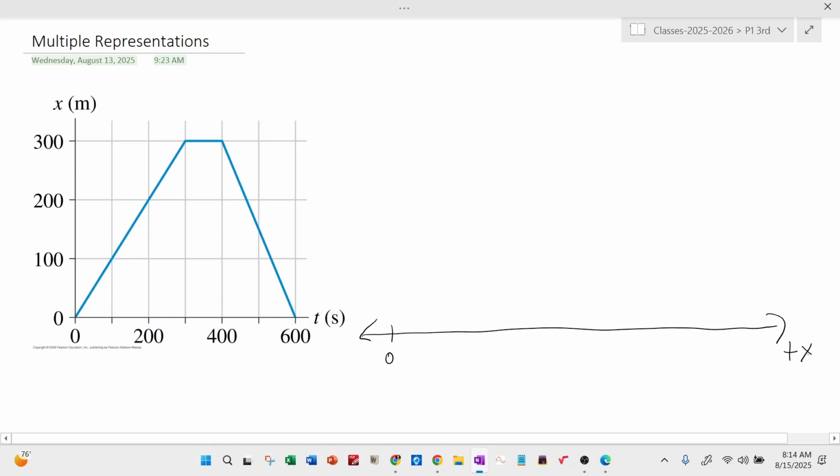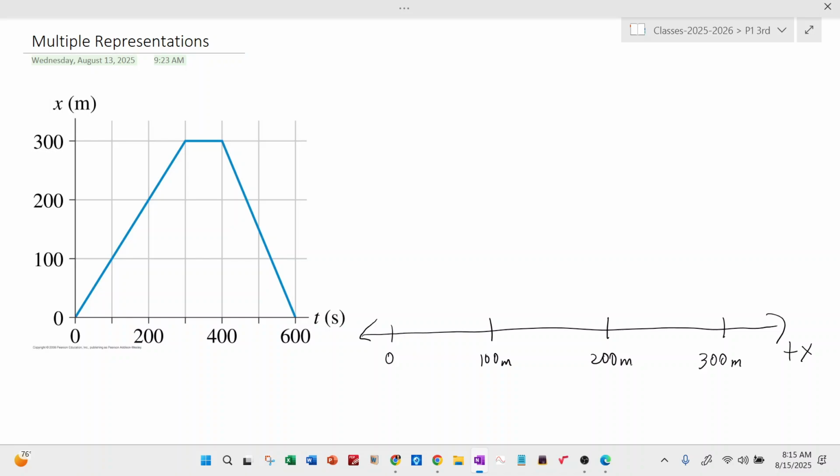Now, the object moved from 0 to 300, so I can, on the right here, make a maximum distance of 300 meters. It's not always necessary to number this axis, but it does sometimes make things easier. And that would make this position 100 meters and this position 200 meters.